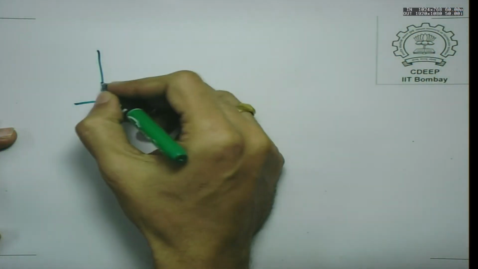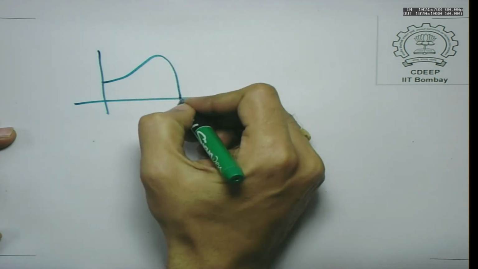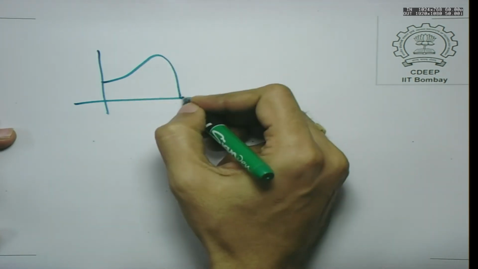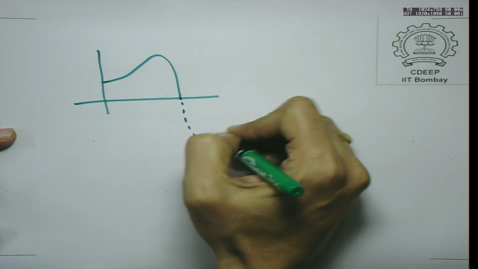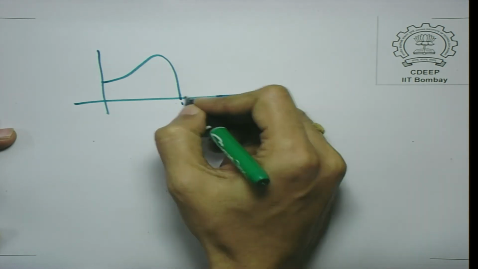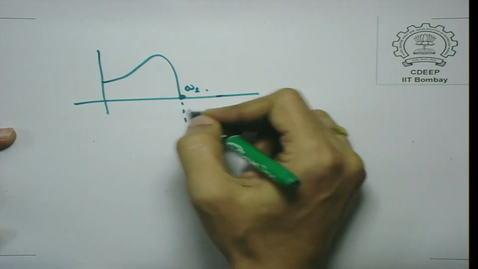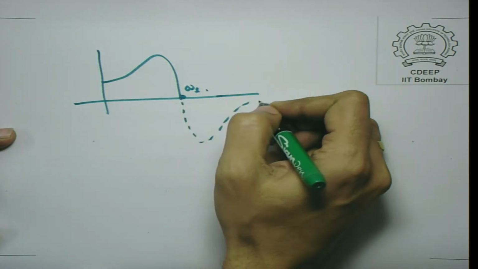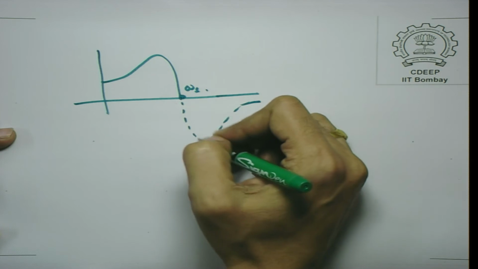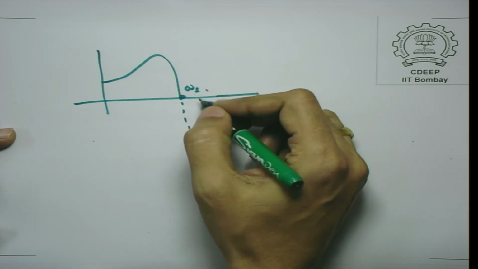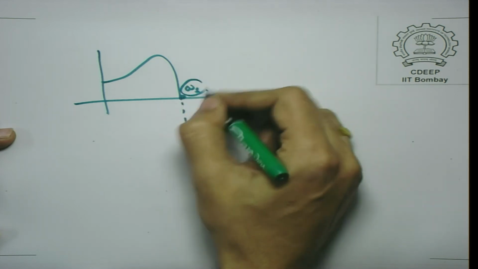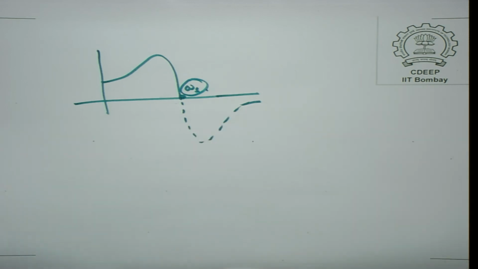In this lecture we discussed the induction motor characteristic. In fact, if the mechanical speed of the induction machine becomes greater than the supply frequency, it behaves like a generator.